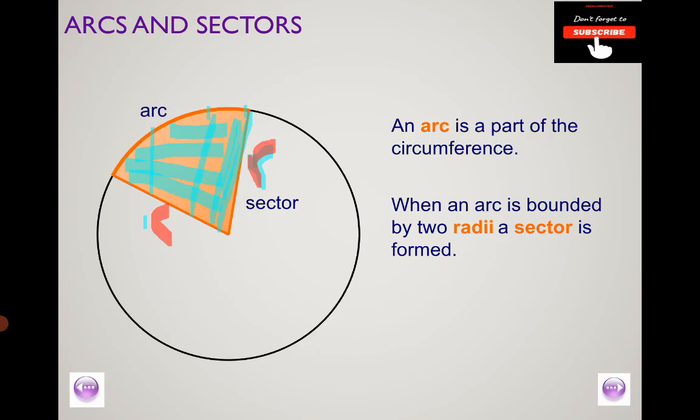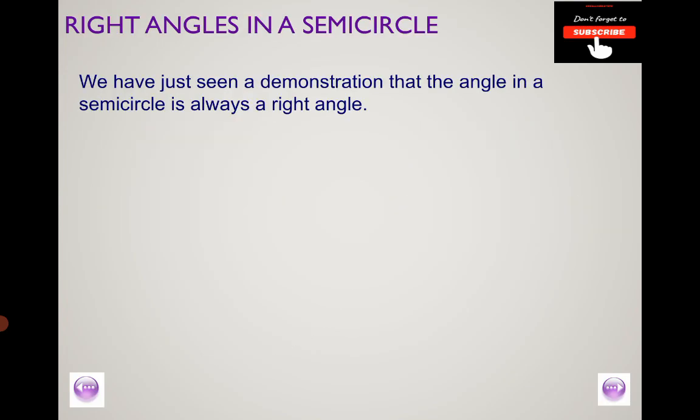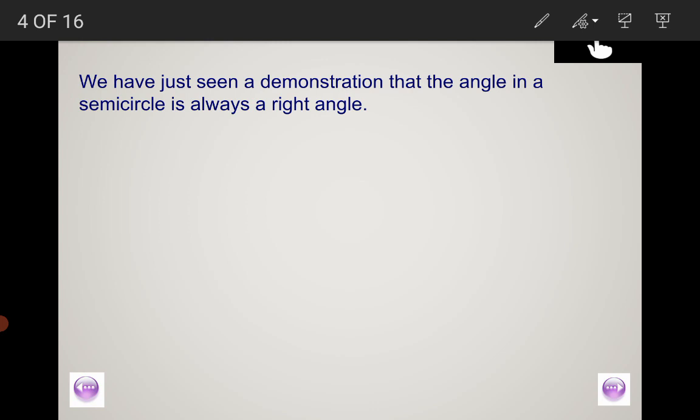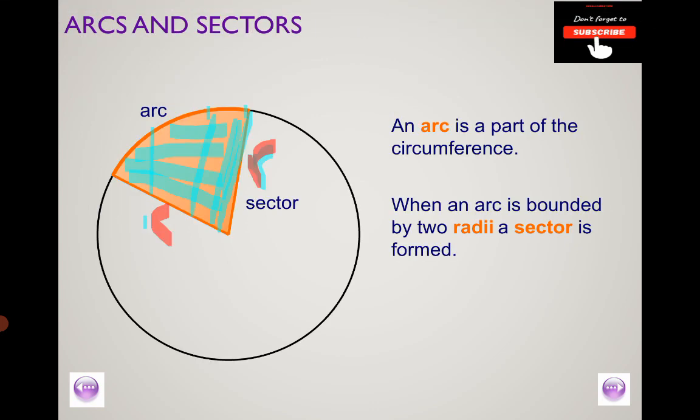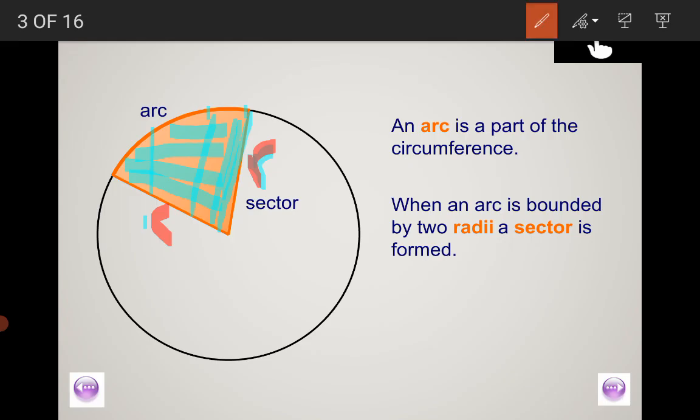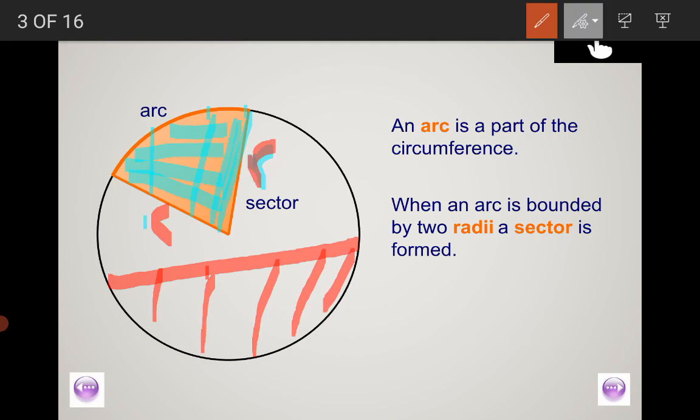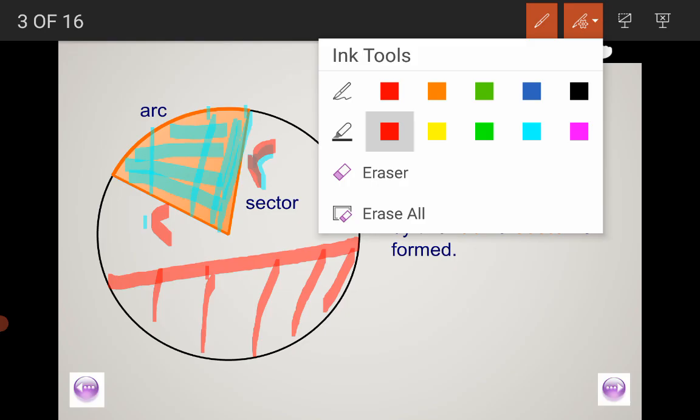Another important thing I should have mentioned: what about when we cut a line like this? There's this region here, which is a part of the circle down here. This one is called a segment.